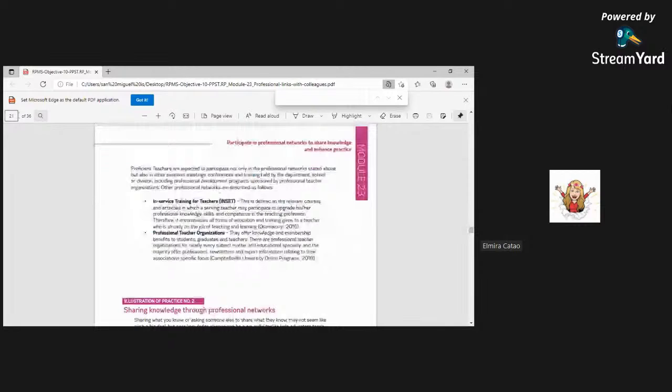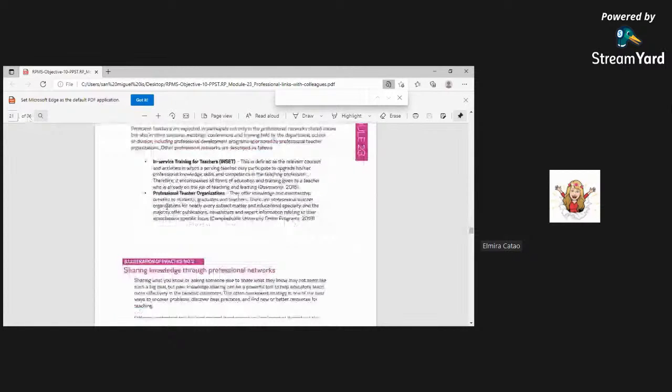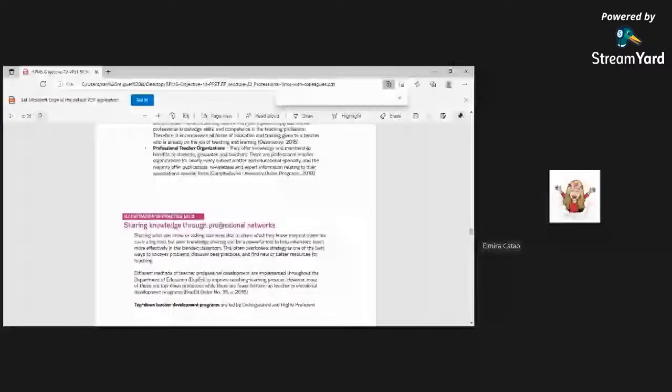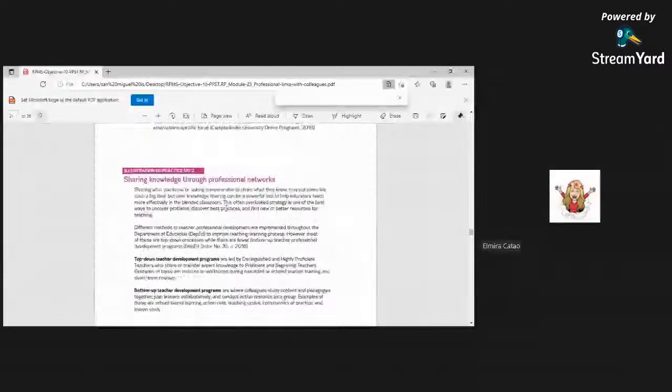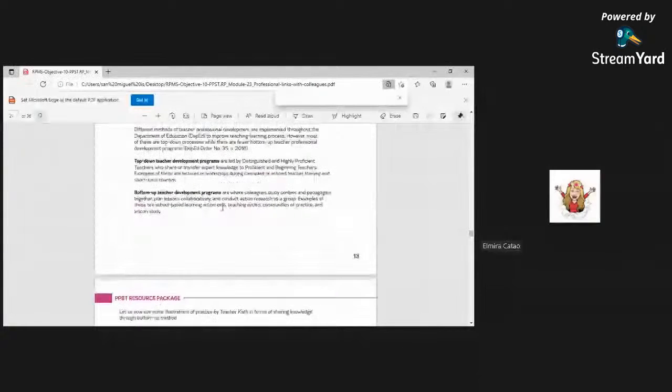We will now have illustration of practice number 2, which is called sharing knowledge through professional networks. Okay. Teacher Kat believes that knowledge is meant to be shared. So, she takes every chance to learn from distinguished and highly proficient teachers as well as from her peers to share the knowledge she gained among her colleagues.